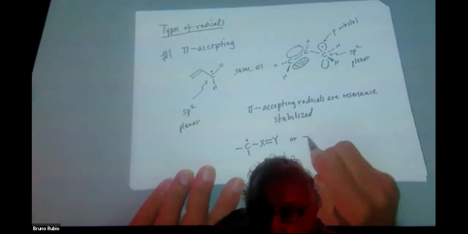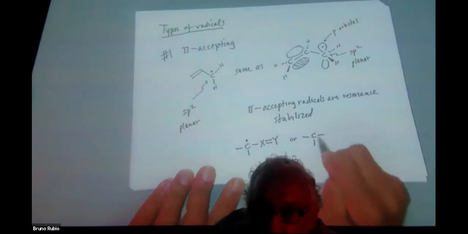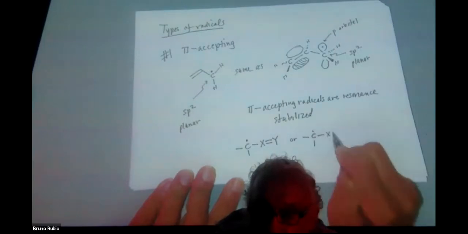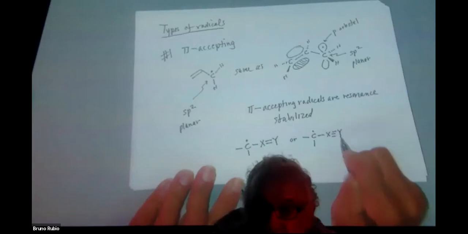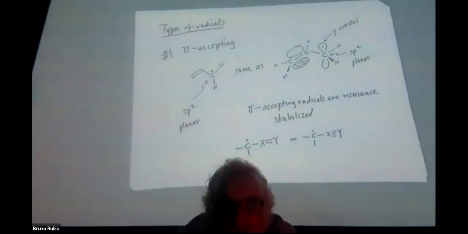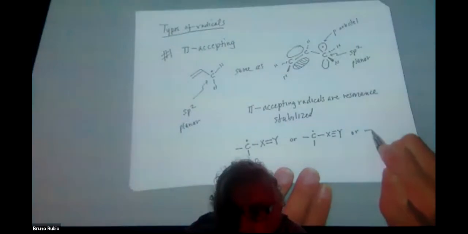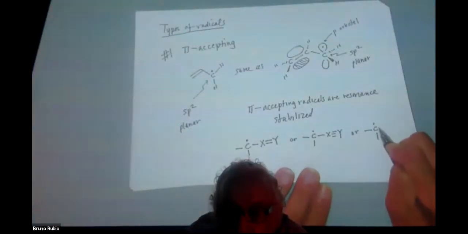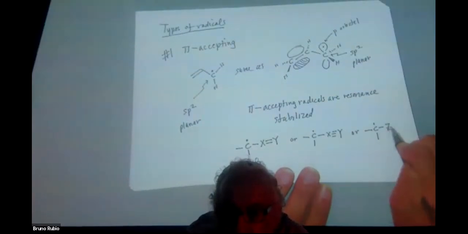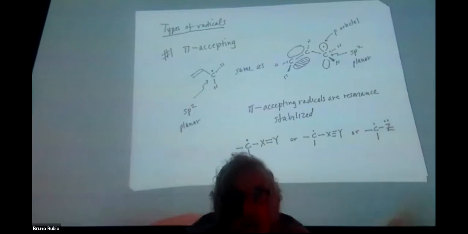It could be either a triple bond or a double bond. And the X and Y can be anything. They can be carbon atoms or nitrogen atoms or oxygen atoms or whatever. And the second most common motif that you see is that the radical dot is sitting next to an atom that has an unshared pair of electrons.